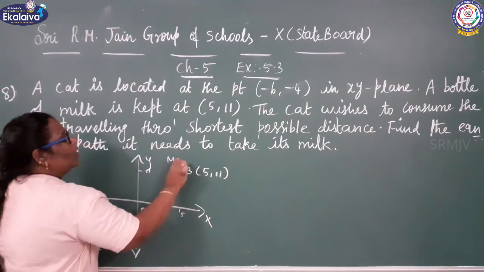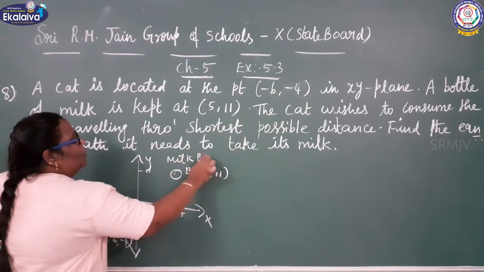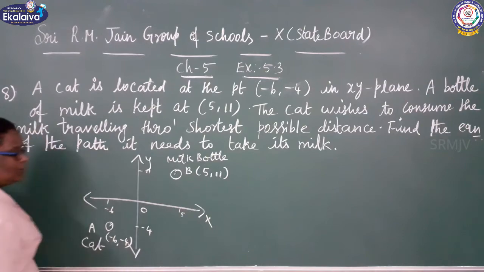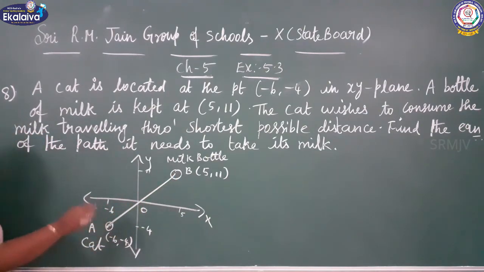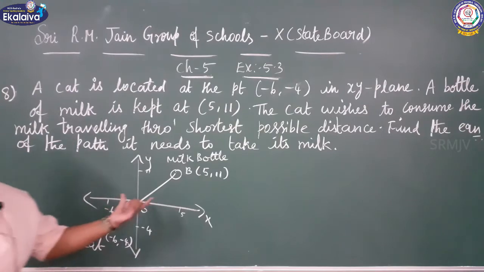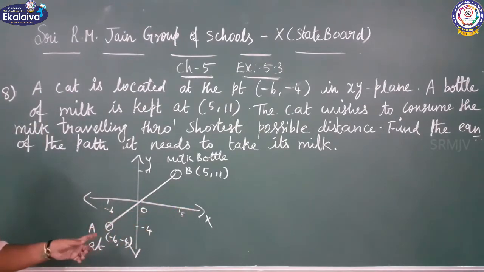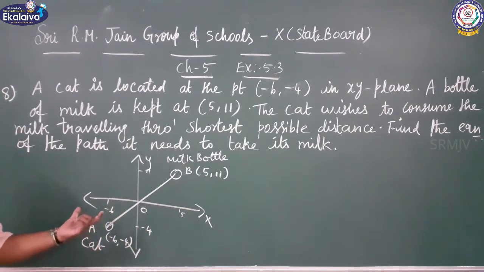This is nothing but the milk bottle, kept in the first quadrant. This is a straight line. You should find out the equation of the line. Find the shortest possible distance, the traveling path the cat needs to take to get this milk.